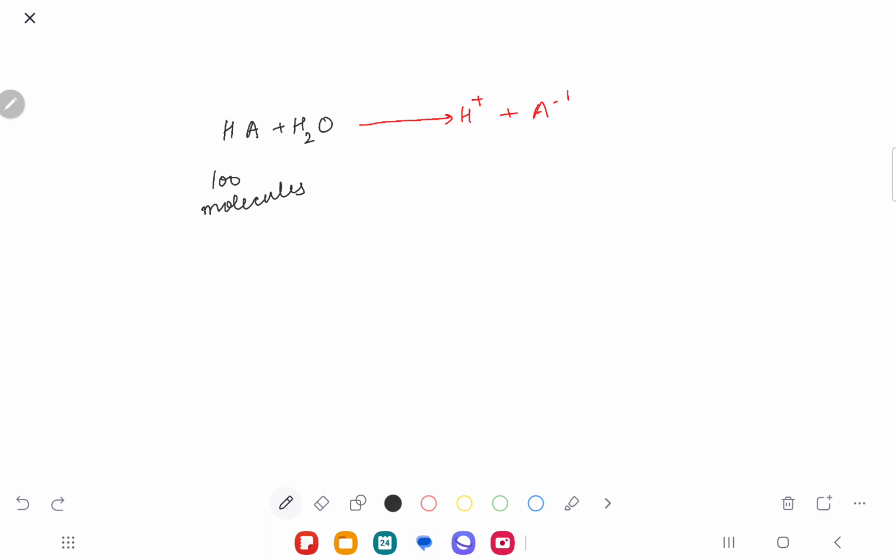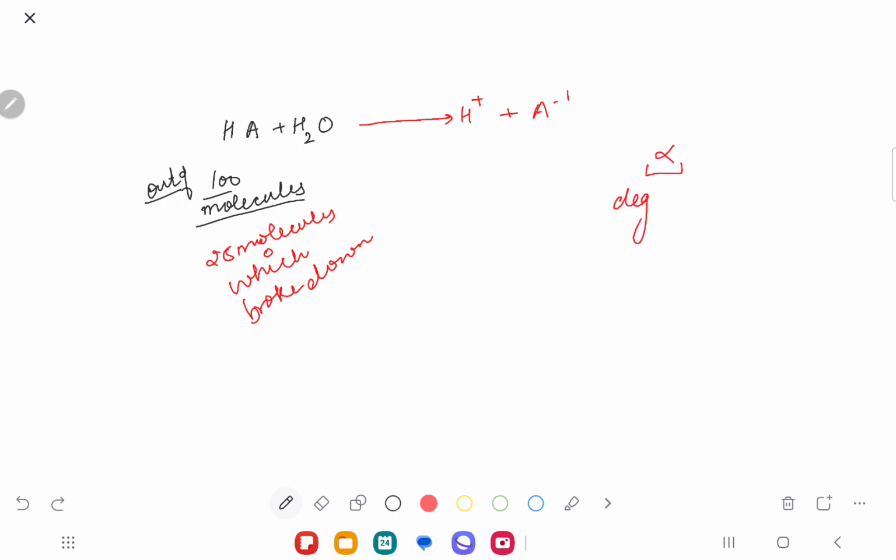Yes or no? So out of 100 molecules of HA, let's suppose we have 25 molecules which broke down. Yes or no? Right. So when 25 molecules broke down, we also understood the meaning of degree of dissociation.